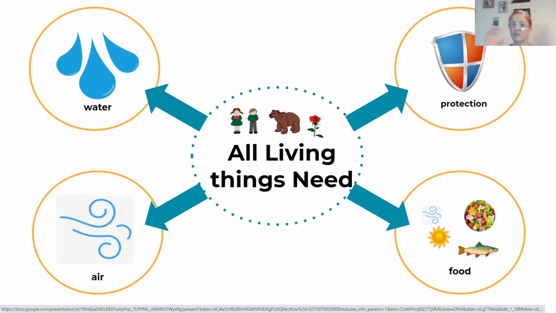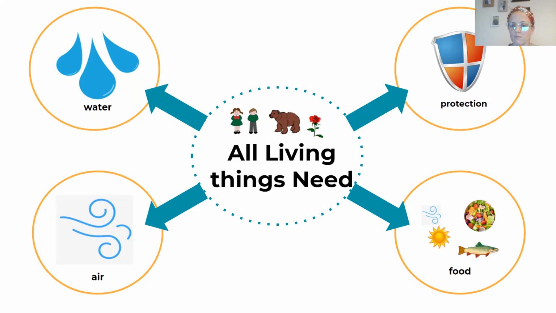So all living things need the following things to survive: protection, food, air, and water. So that was just a reminder of what living things, both animals and humans, need to survive.